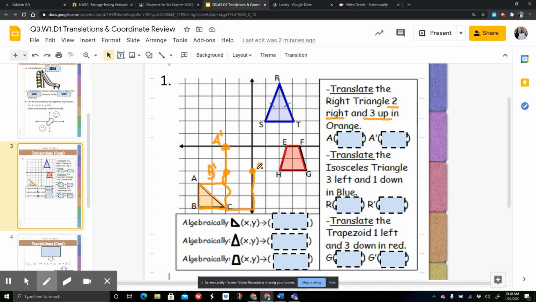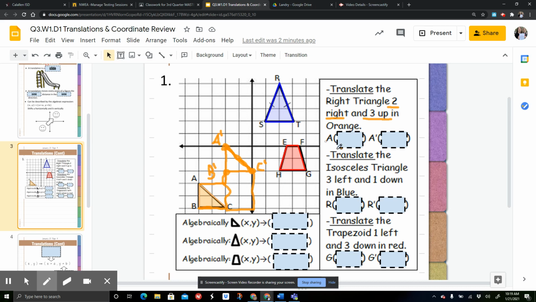And that's C prime. We can connect our dots to draw our right triangle again, and your triangle should be congruent. You have not changed the size or the shape of your triangle. It is congruent to the original triangle.